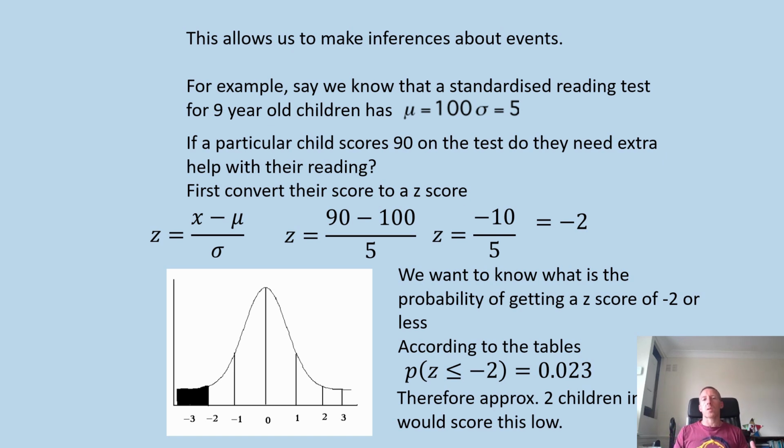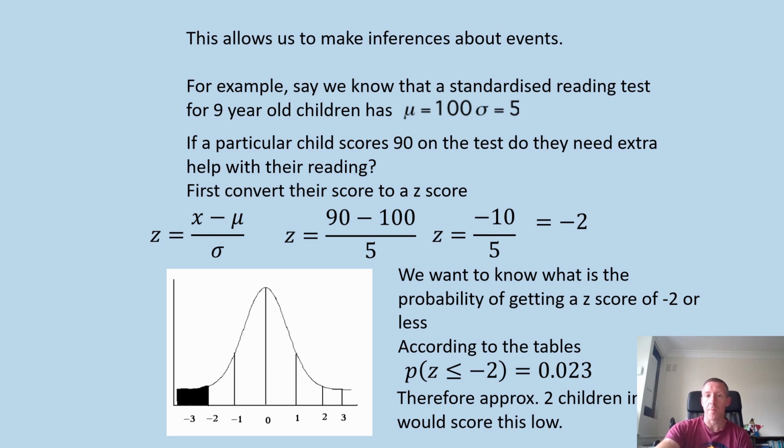Now what we want to know is the probability of getting a Z score of negative 2 or less. If we look that up using Z tables, we can find them on the internet. You usually find them in the back of statistics textbooks, funnily enough. The probability of a Z score less than or equal to negative 2 is 0.023 if we were to grab a Z table and look that up.